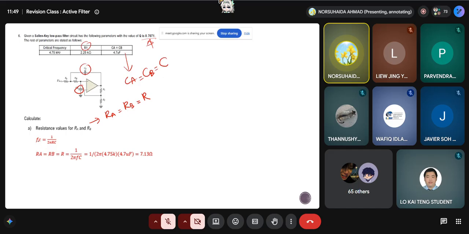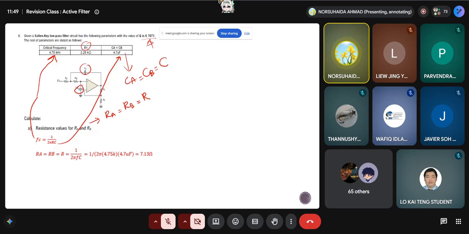FC equal to 1 over 2 pi RC. This is the appropriate equation to get the value of R. Why? Because FC is given, 4.75 kilohertz, and the C value is given also, 4.7 microfarad. So just substitute into this equation and we can get our R.